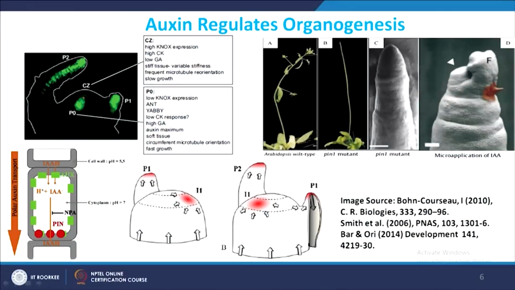So, one hypothesis was that auxin is getting accumulated very high in the primordia, and this is happening through polar auxin transport. This has been tested and shown in great detail using different mutants or different approaches.